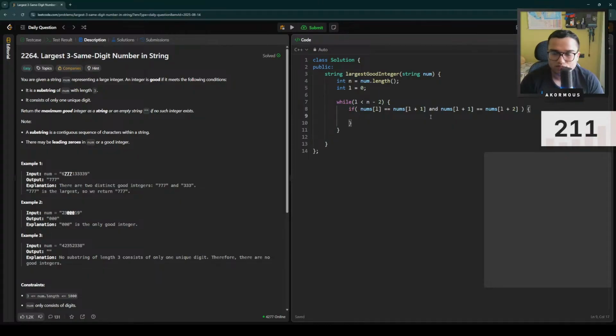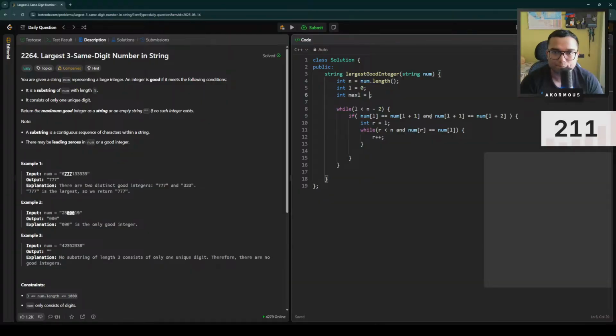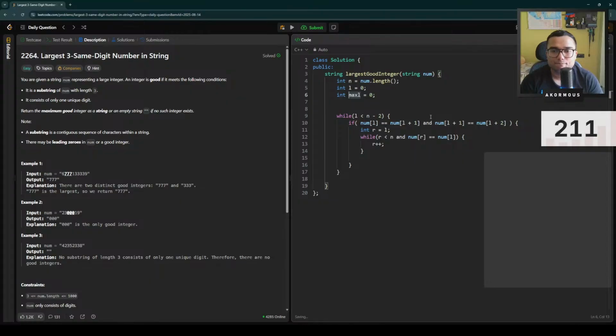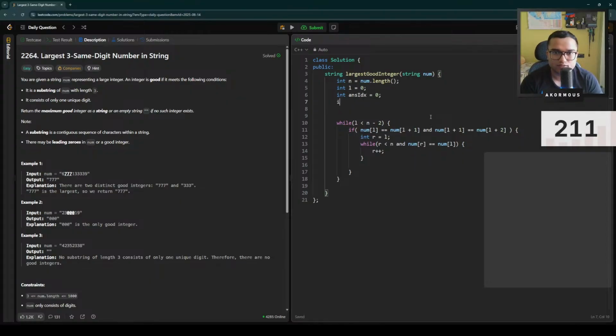Now if this is the case, then I have r equals L while r is less than n and num of r equals num of L, r plus plus, and then at the end max answer index and max len equals 0.